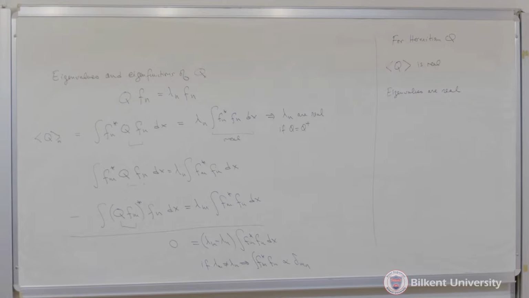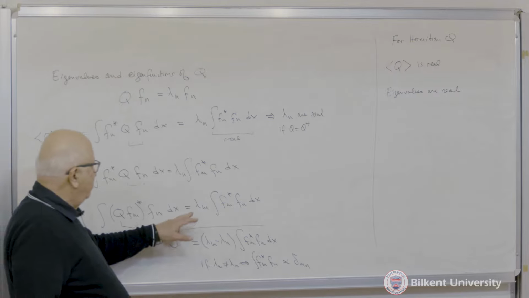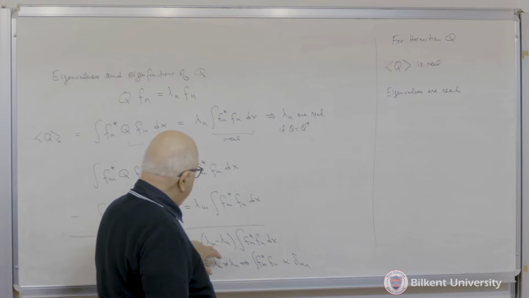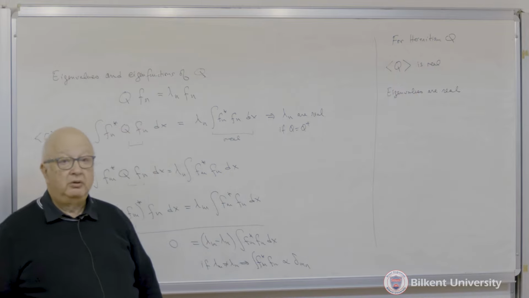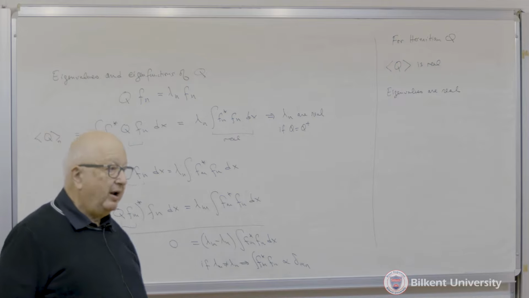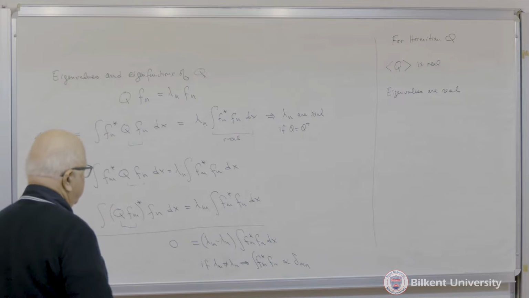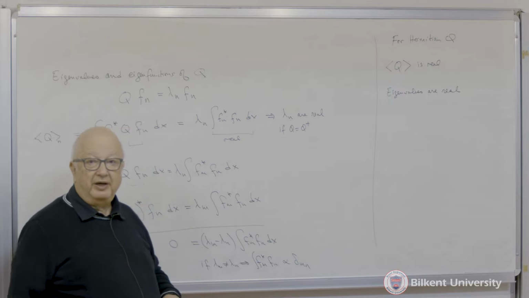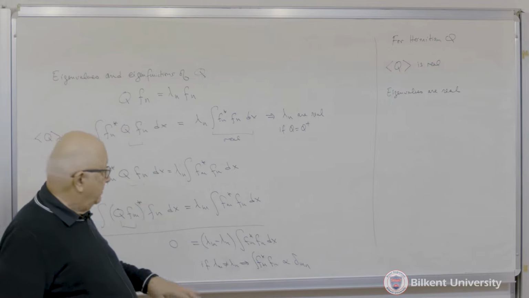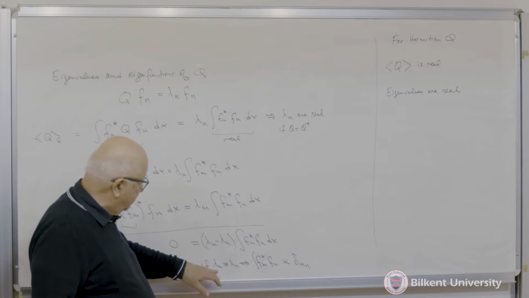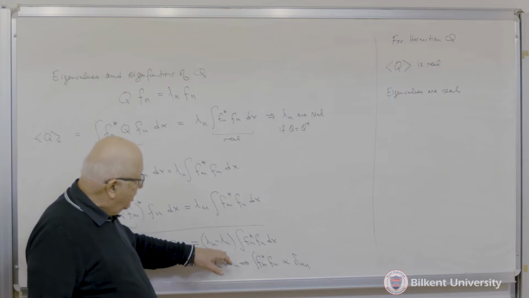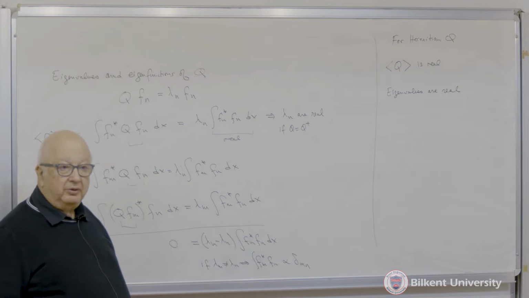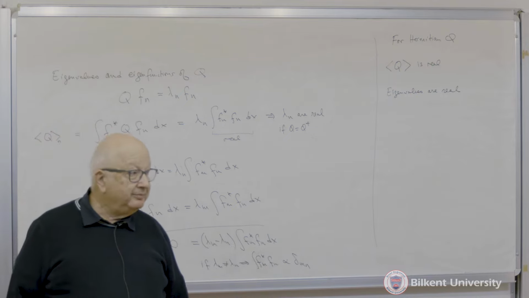If I do this for two eigenfunctions fm and fn which have the same eigenvalues, that's called a degenerate case. We have not come across very many cases like that. But if there is degeneracy, if lambda m is equal to lambda n, you can still go through this process by a method known as what?